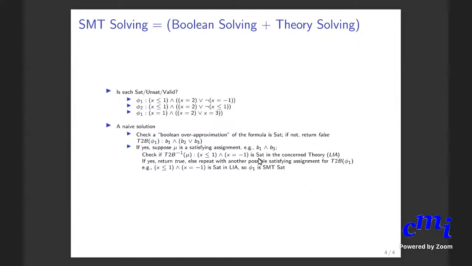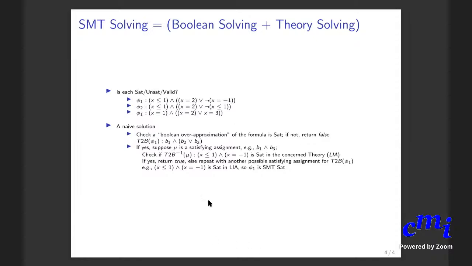And if it is not, then of course, although the over approximation is satisfiable, in the theory it is not satisfiable. Therefore, you have to look for another possible satisfying assignment of the Boolean abstraction of the original formula, and then check if that other satisfying assignment is satisfiable within the theory.